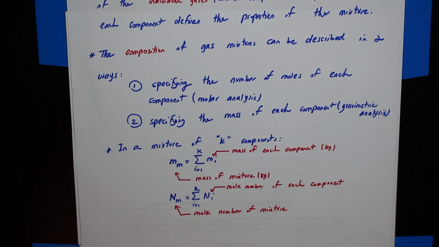Okay, the other definition that we have is mass fraction. Mass fraction is the ratio of the mass of a component to the total mass of the mixture.